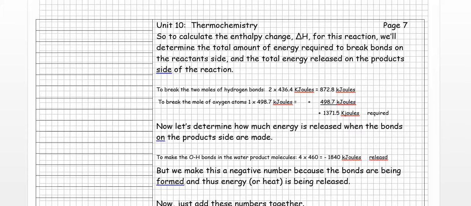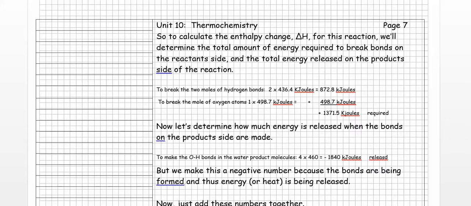So to break the 2 moles of hydrogen bonds on the left, on the reactant side, we're going to need, again, 2 times 436.4 kilojoules of heat. According to my calculator, that's 872.8 kilojoules. Check me on that calculation, please. Now, to break the mole of oxygen in the O2, we're going to need 1 times 498.7 kilojoules of heat.